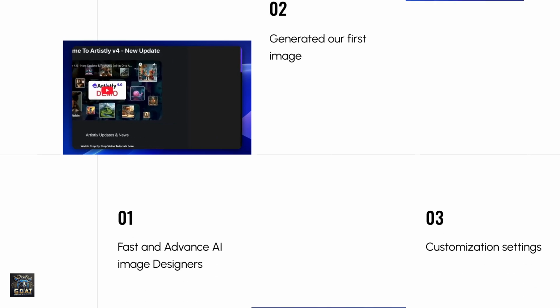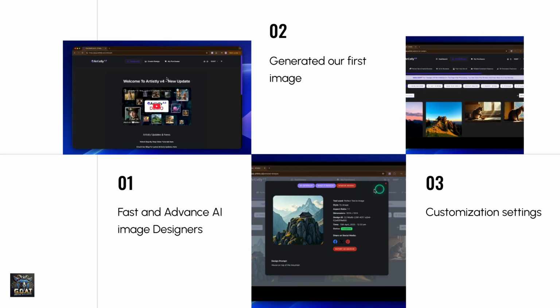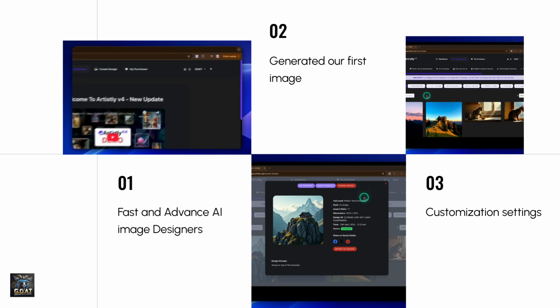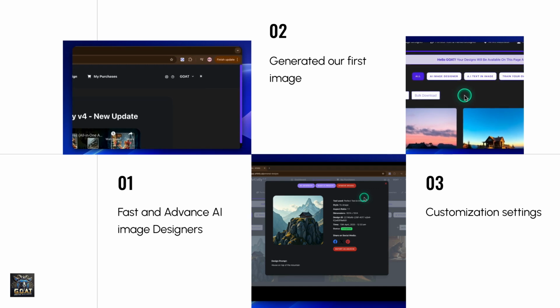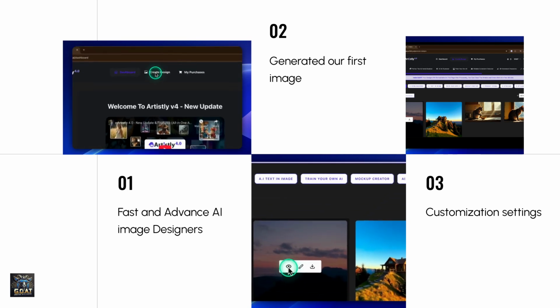And that's a wrap on customization settings. We've covered a lot in this tutorial, so let's take a quick look back at what you've learned. How to navigate the Artistly dashboard and set up your workspace. The difference between the fast and advanced AI image designers. How to write effective prompts and generate stunning images.